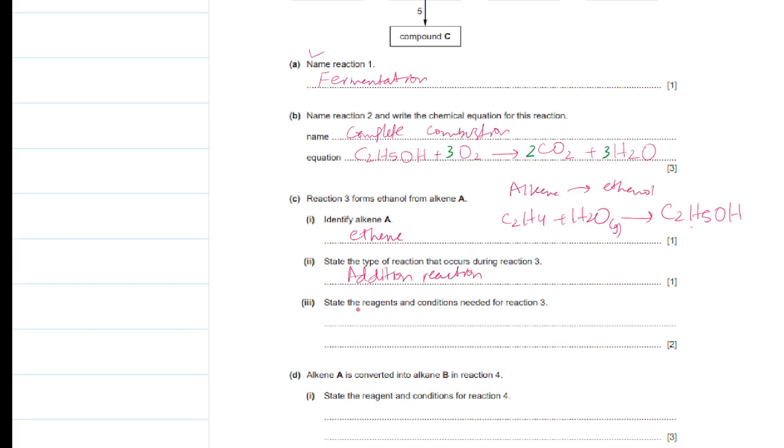Okay, and state the reagents and the conditions used for reaction 3. So for this reaction, whenever ethene is reacted with water, that is the hydration of ethene, that is actually the addition reaction of ethene, in which the water molecule has been attached, like this. So now this is the ethene.